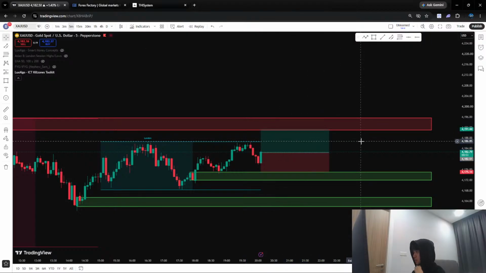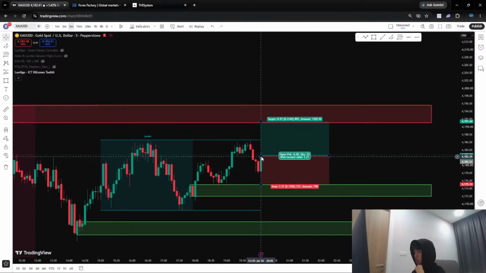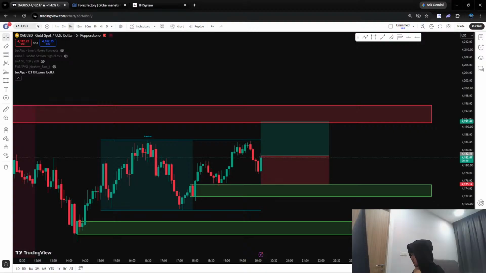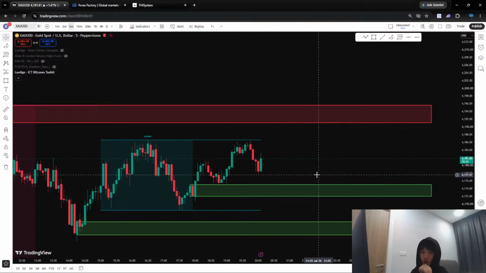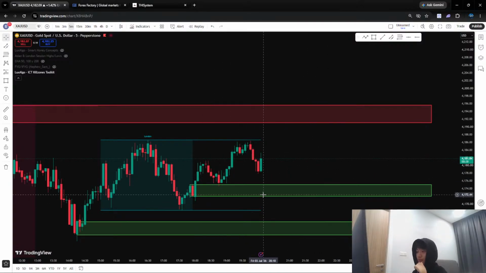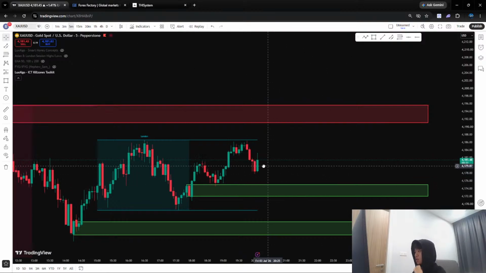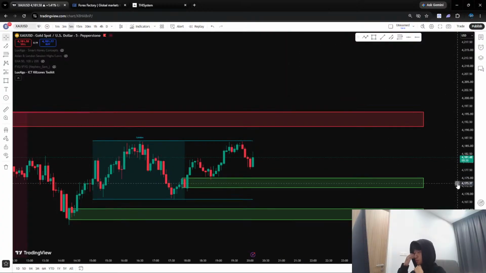I'll give you guys a little session. Not entering yet. We will wait for this candle to close, which is around 45 seconds away, and then we will have our confirmation before entry. Just a heads up, the stream might be a little bit delayed, especially since I'm using YouTube. So let's see how this candle will close for us.